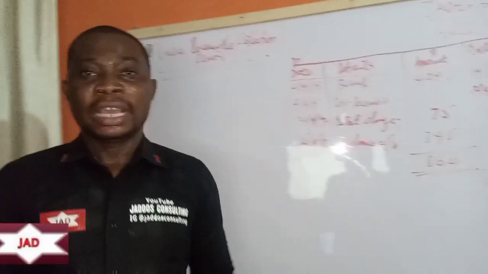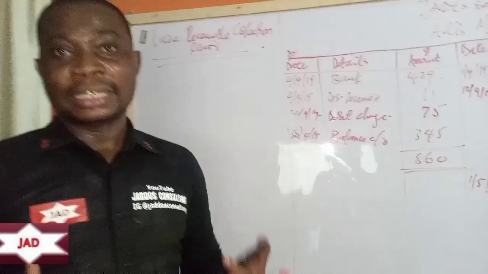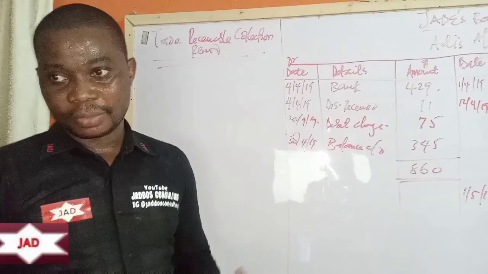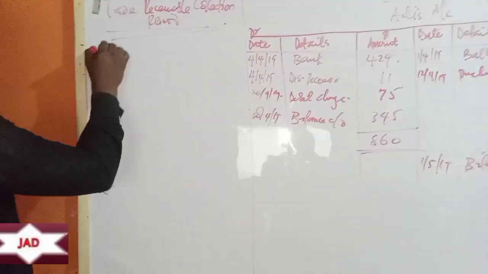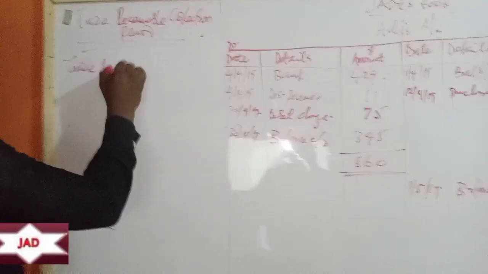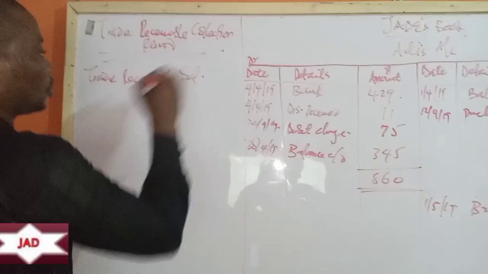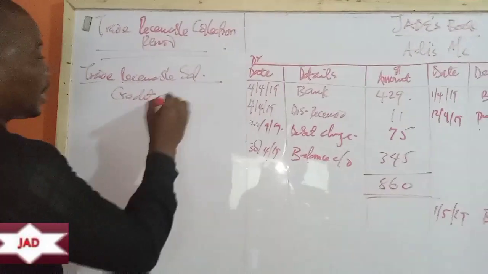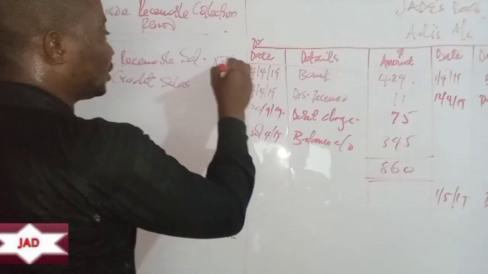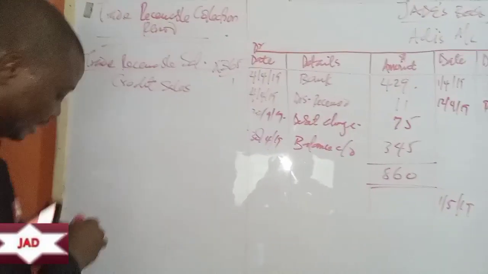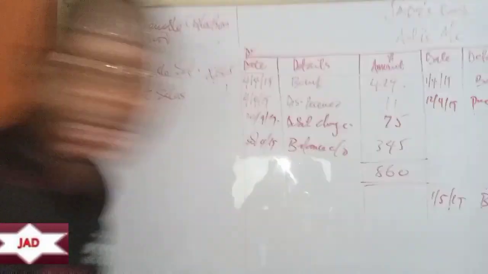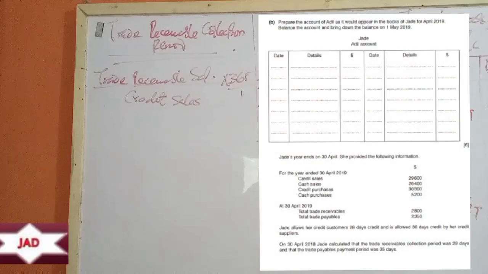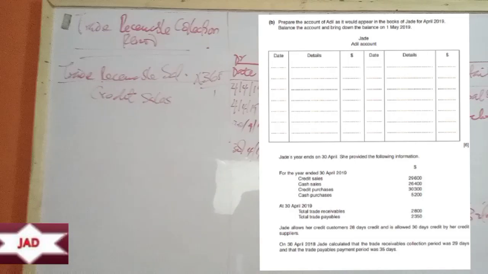Jade to collect cash from debtors for selling on credit. So we have trade receivable balance, or what you call trade debtors, at another period over credit sales times 365 over 1. We're calculating in days. So according to the question, trade receivable is 2,800.